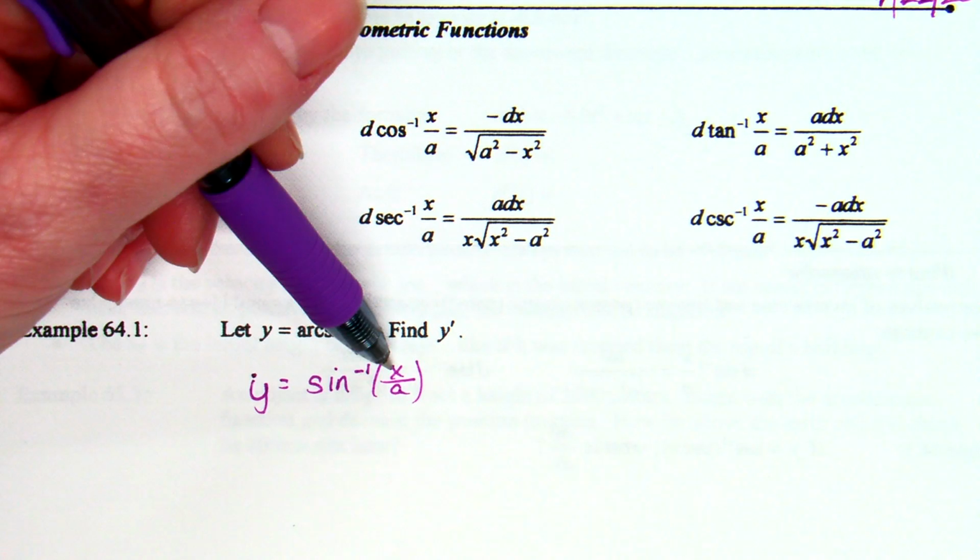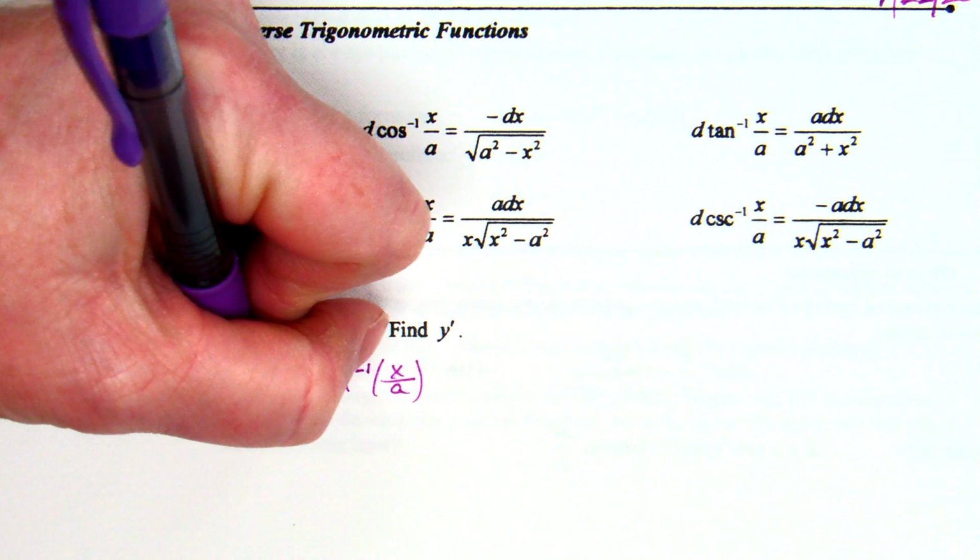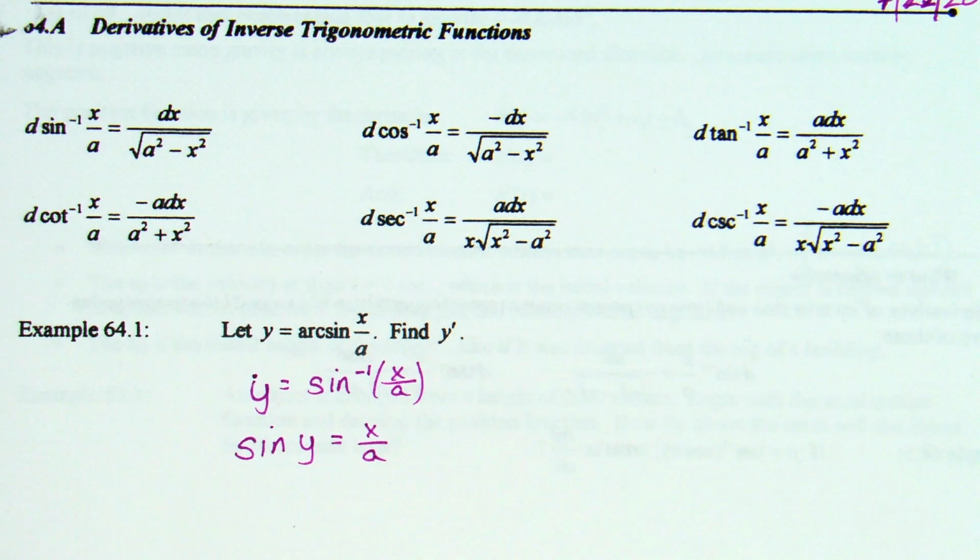In other words, just switching those pieces. That's how we get back and forth between sine inverse and sine.